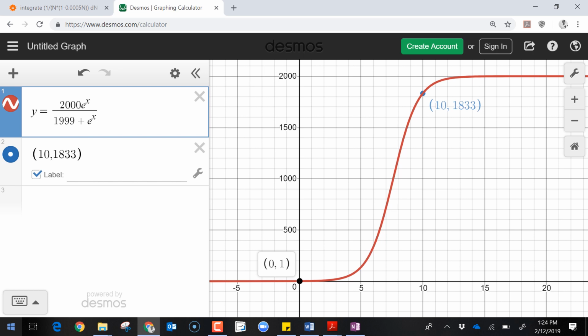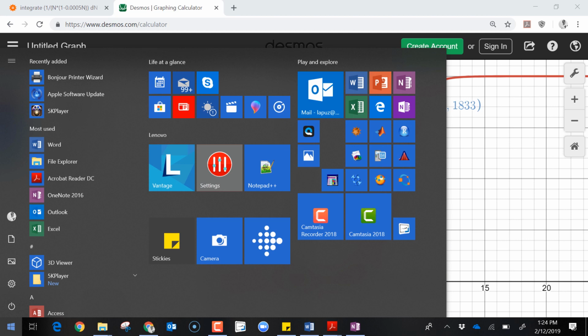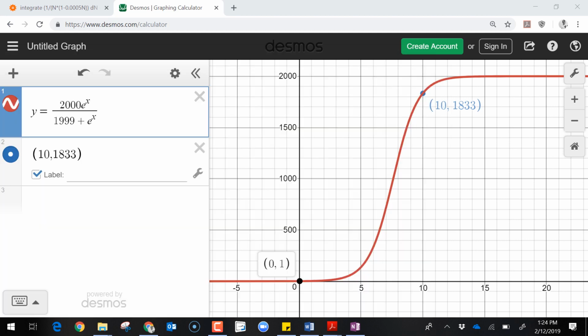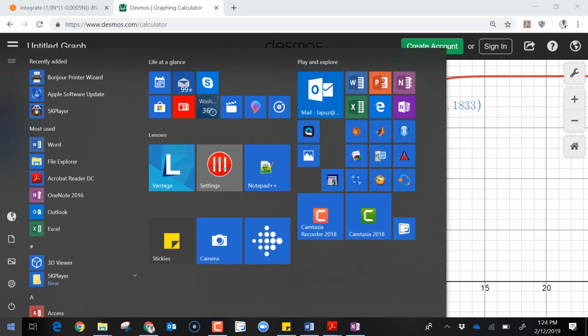Maybe I shouldn't have done this on my graphing calculator. Do you guys have your graphing calculators with you? Did you follow along? Should we do it? So you have to know what the function looks like, of course.